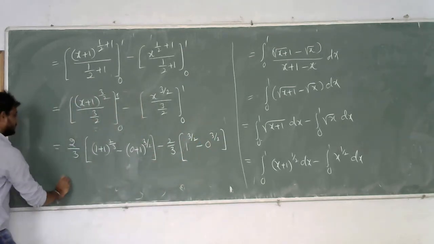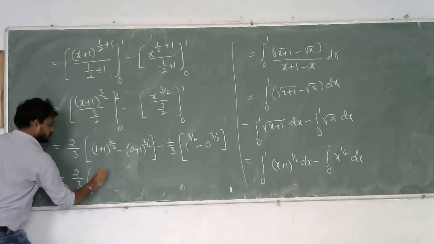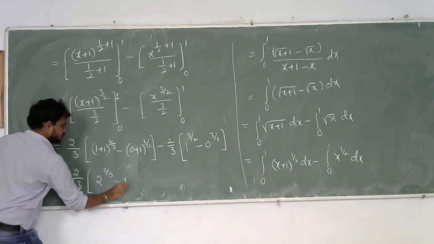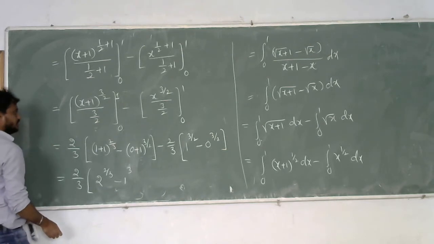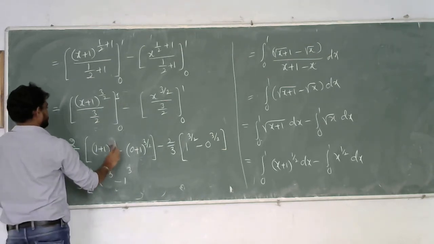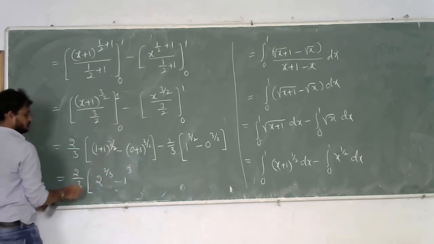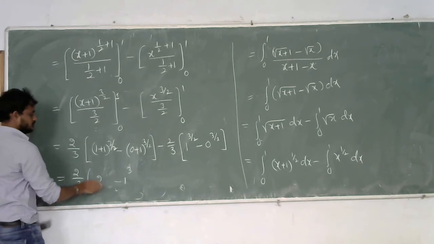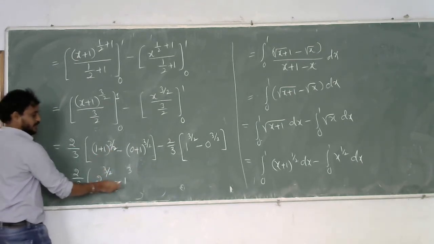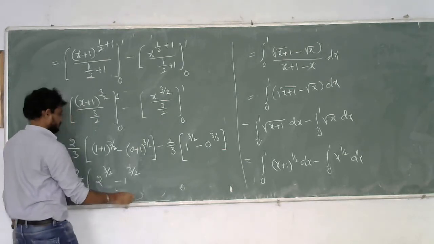Then simplify it. So 2 by 3 into 2 to the power of 3 by 2 minus 1 to the power of 3 by 2. Sorry, it is 3 by 2, not 2 by 3.